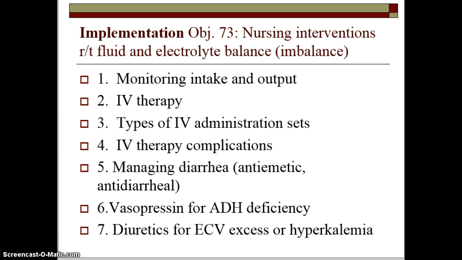We can watch and manage diarrhea as far as keeping track of the number, the amount, checking vitals, and if there is an anti-diarrheal medication or an antiemetic for vomiting ordered, appropriately give those, but also keeping the physician updated on change in vitals, change in amount of output as far as diarrhea. Vasopressin is the med given for antidiuretic hormone deficiency, and then your diuretics again for excess fluid volume.